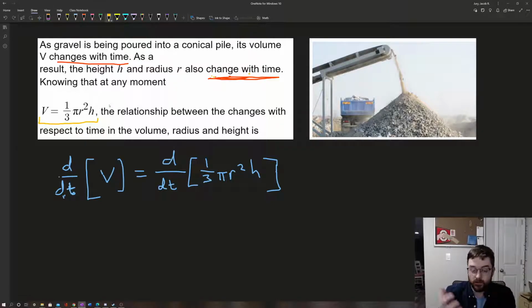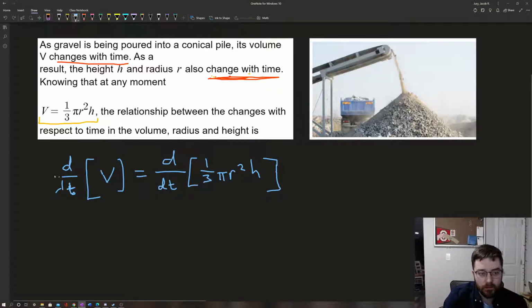So that's why this relationship is important. When you're given these problems, you should know the area of a circle or the volume of a cube, but some of these more obscure ones you'll be given.